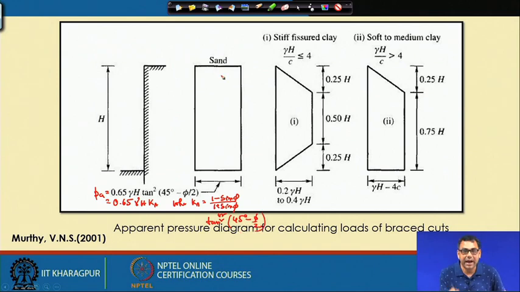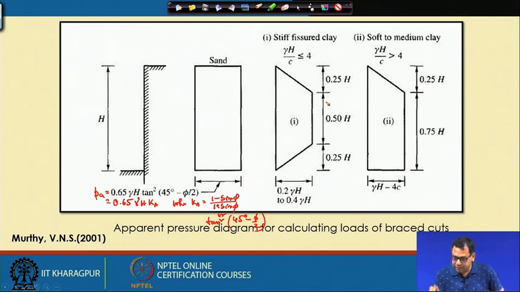If it is stiff clay, where gamma H divided by Cu is less than or equal to 4, then you will use this distribution, from 0.2 gamma H to 0.4 gamma H.